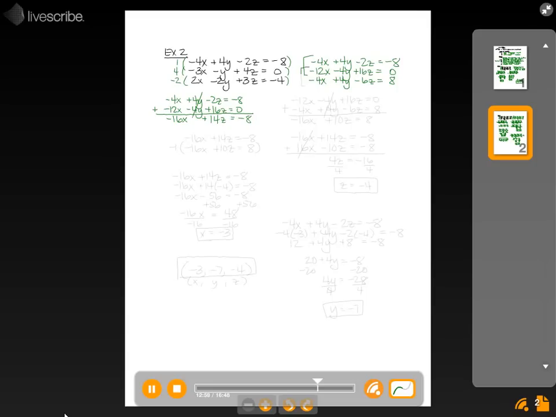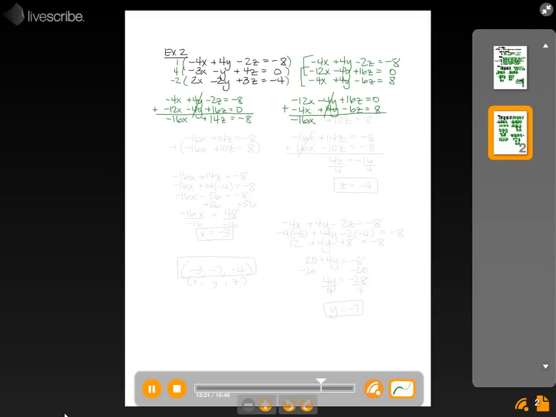Let's look at the second two. Negative 12x minus 4y plus 16z equals 0, and negative 4x plus 4y minus 6z equals 8. We're going to add down. Negative 12x minus 4x, well, that's negative 16x. Y's canceled again.